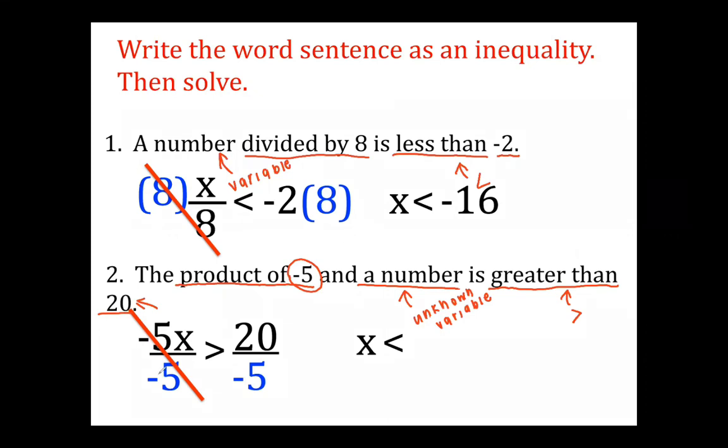Now notice that you're actually dividing both sides by a negative number and that you're going to have to flip the symbol. So make sure you're paying attention to that whenever you're solving an inequality. So you have x is less than, and then simplify 20 over -5, which would be -4. And there's your final inequality.